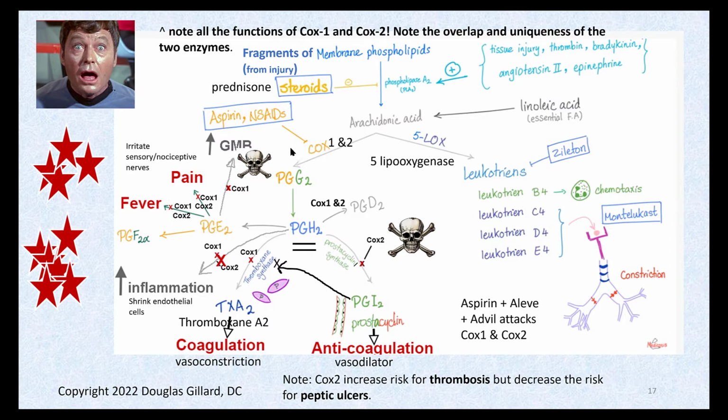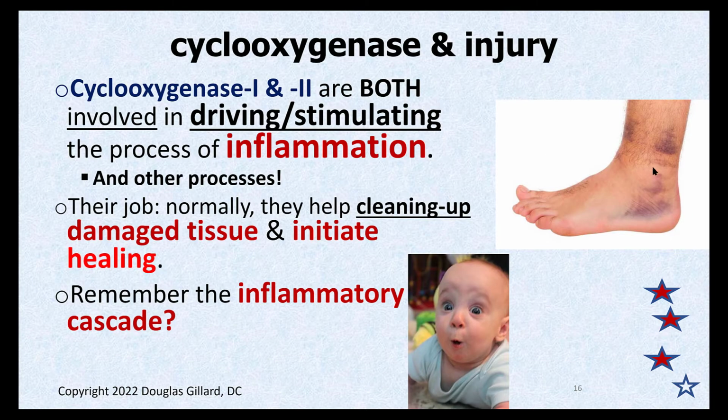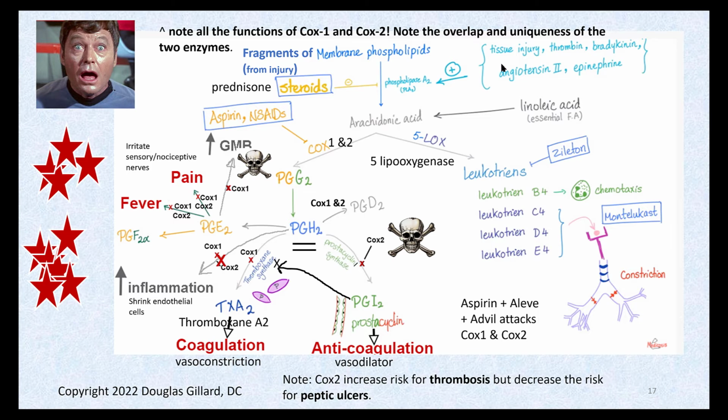So go back to this picture. So this guy sprained his ankle. And some of the cells of the ligaments and the cells of the muscle have been damaged in the injury. And their membranes have exploded.